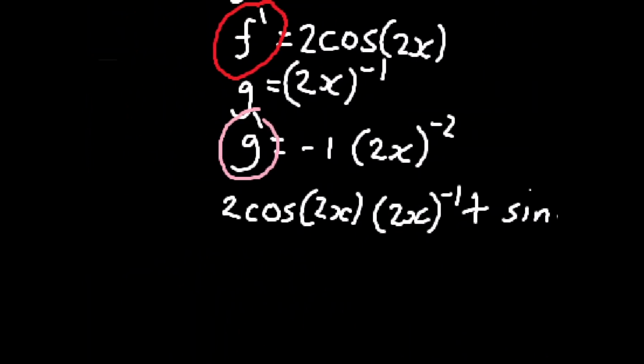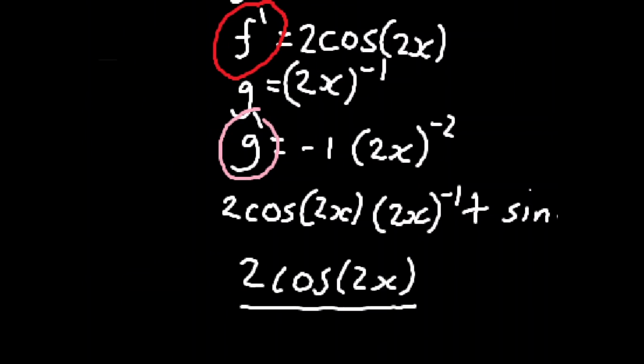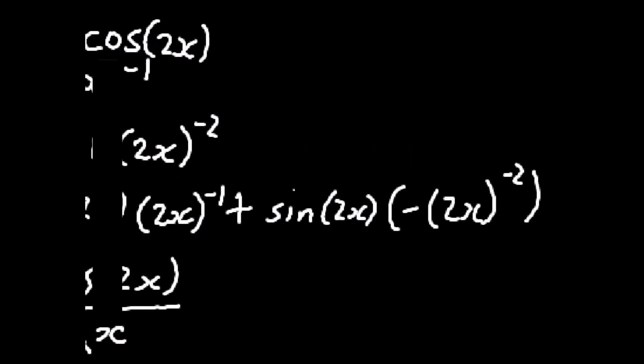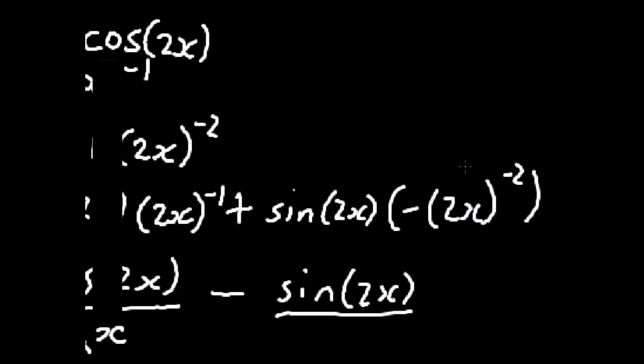And that will become 2 cos 2x all on 2x, and we can cancel out those 2's, and then plus all this stuff towards the end. So let's bring the minus sign across. So this minus sign here, let's bring that across, and then we'll say it's sine 2x all divided by 2x squared.